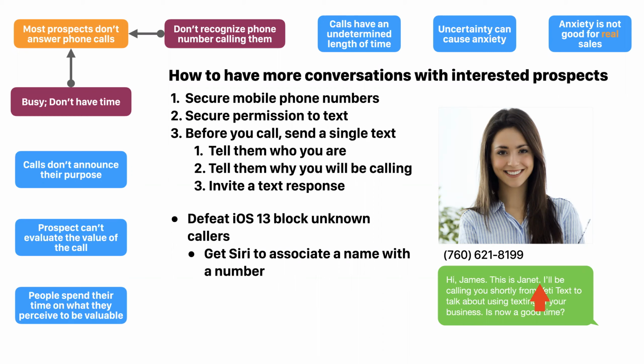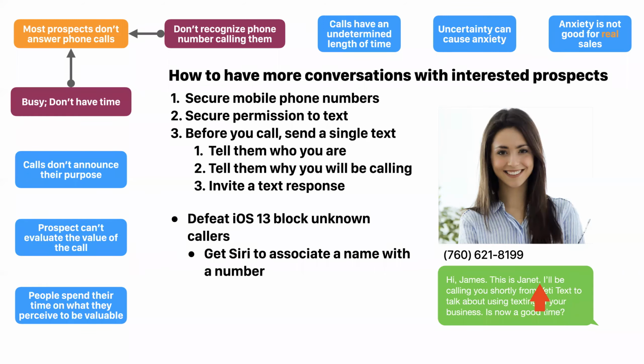This is Janet. By using that sentence early on in the text, like if you didn't personalize it, I like to personalize it. And so that's why I put the hi James at the beginning. But you can't let it go much further than that before you say this is Janet, because then Siri will miss it. They'll get confused and it won't recognize it.